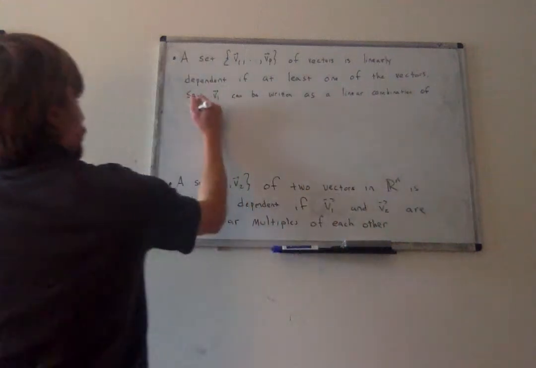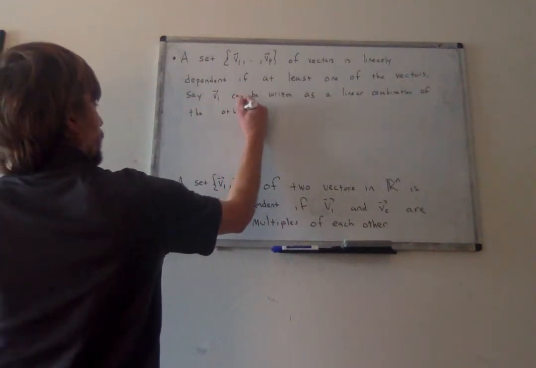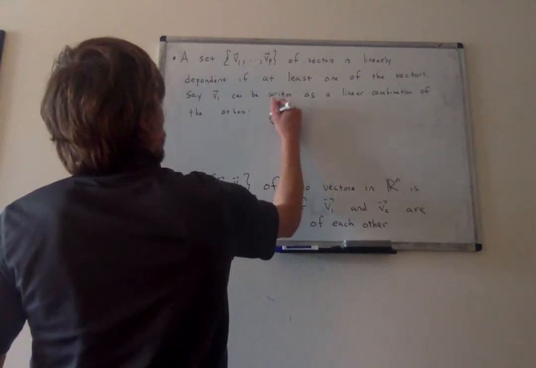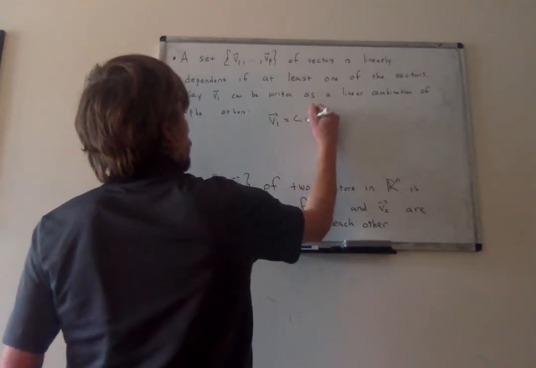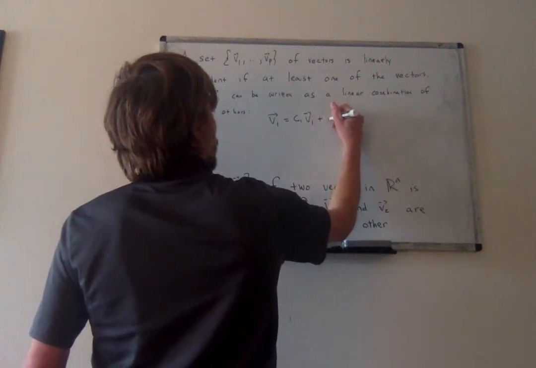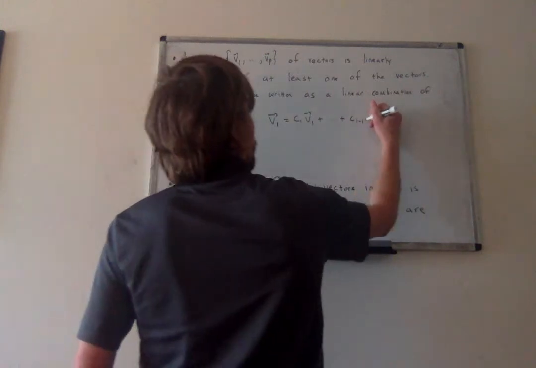So I want to say a few things about this before moving on. That is, v sub i is equal to c1 times v1 plus, well, it's not going to be written as a linear combination of itself.